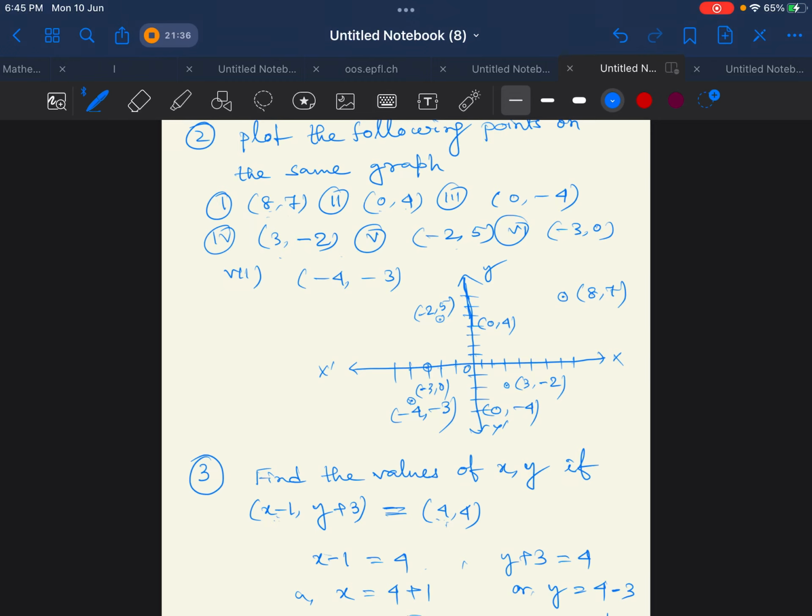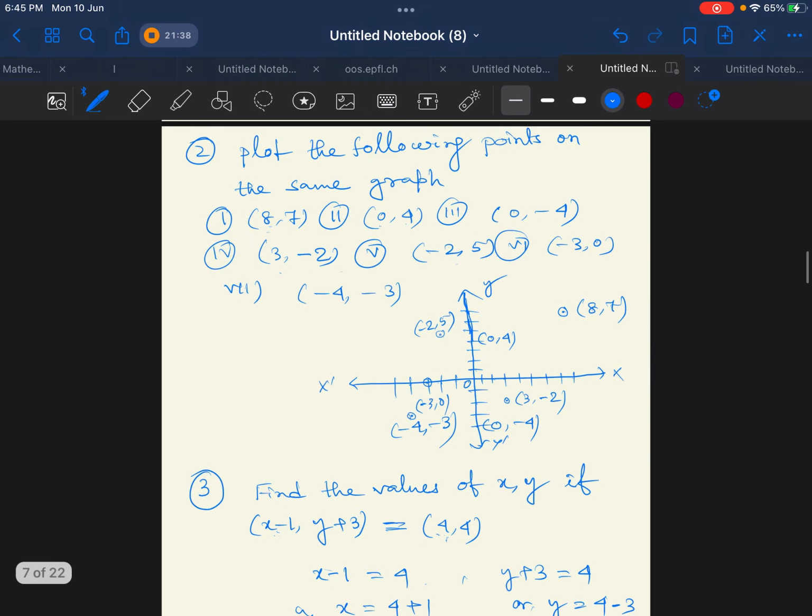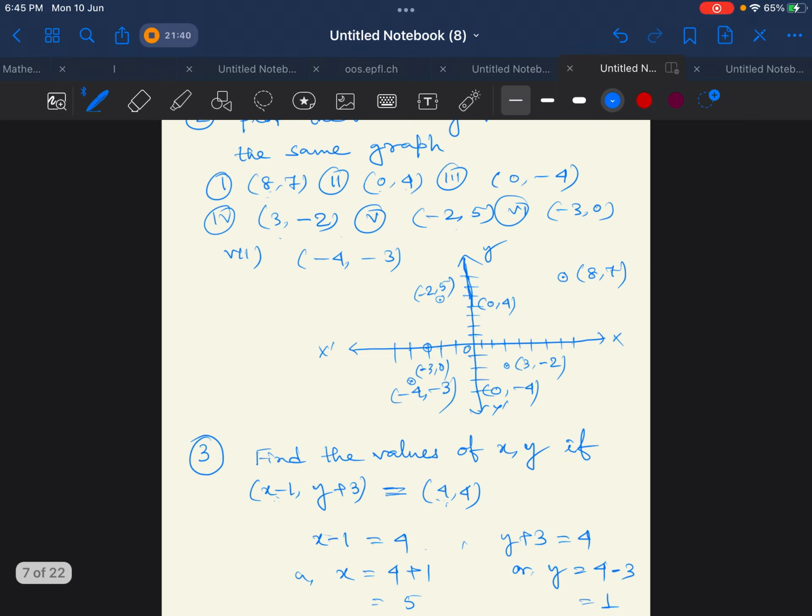Okay. So, now we have to plot the point 8, 7. So, where is 8, 7? Here the value of x is 8 and the value of y, the ordinate, is 7.